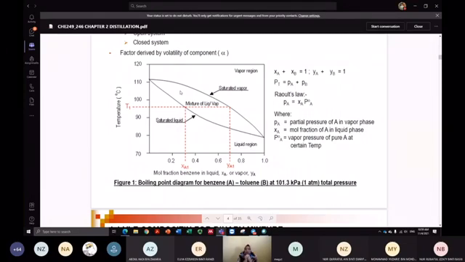Once it is in the column, it is out of your control, except for the operating conditions, the temperature and the pressure in the column. After that, you're going to get the product.